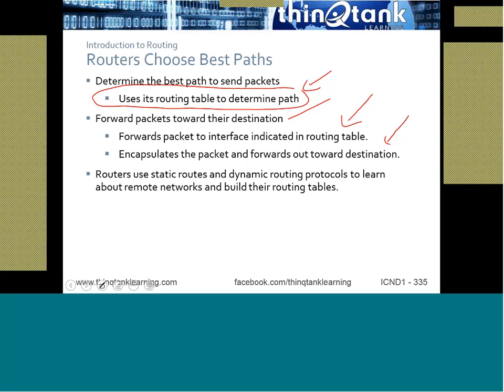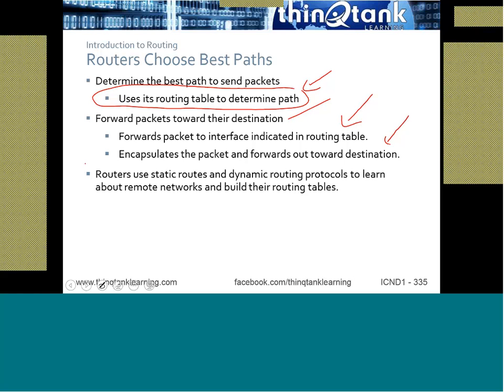They mean that once the packet is leaving the router, it has to be reframed. Whether it's going over a PPP link, an HDLC link, an Ethernet link, that data has to be reframed and sent out the interface.